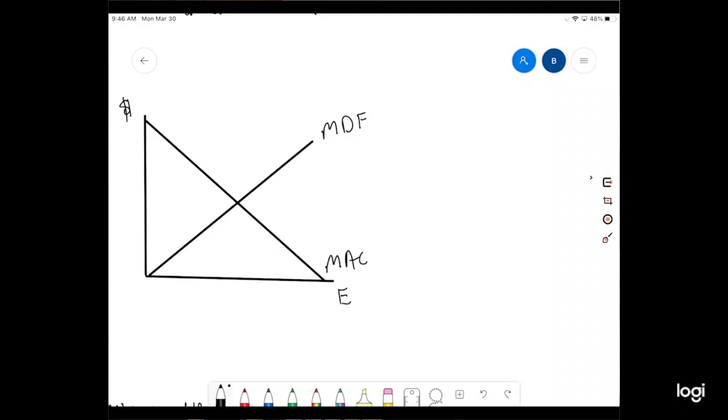So the graph you're looking at now has emissions on the x-axis, E, and dollars on the y-axis. We have a marginal damage function sloping upwards. This is the marginal damages of emissions. The way I draw it here, as opposed to the welfare graph, the marginal damage of emissions is actually increasing with every unit of emissions.